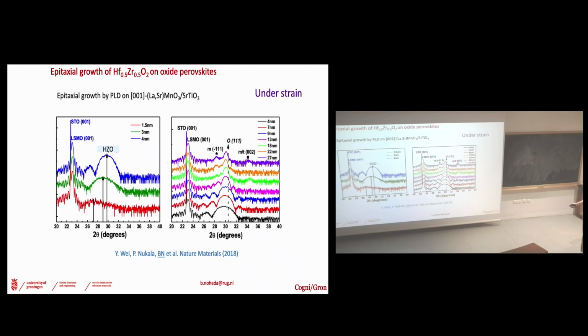What is interesting is that even in the fully relaxed films at 27 nanometers or so, the peak that we thought was our fully relaxed peak is still not exactly at the position where the people growing by ALD on polycrystalline samples found their orthorhombic peak.